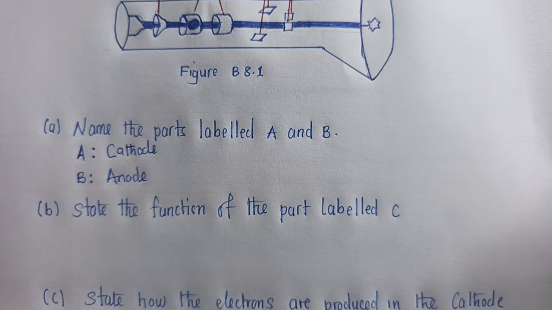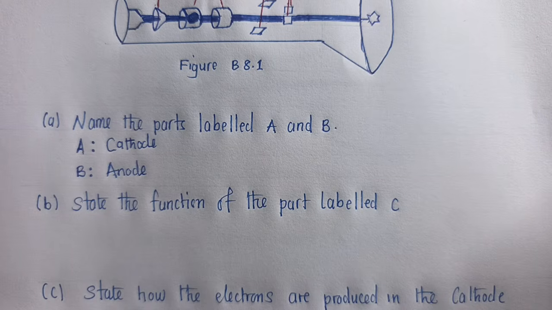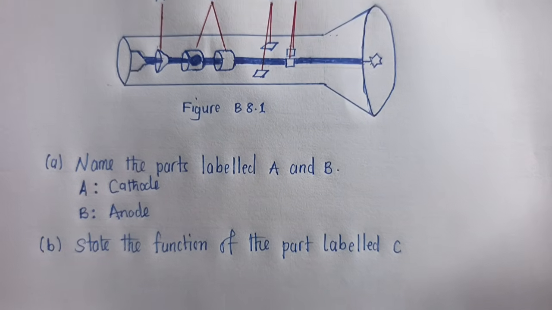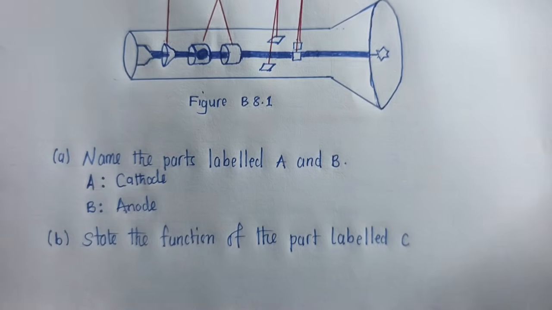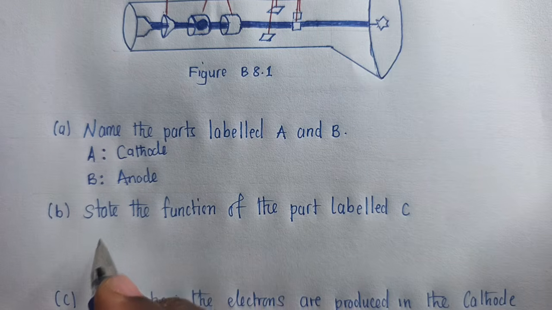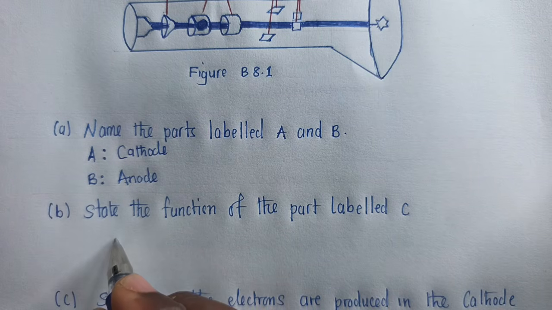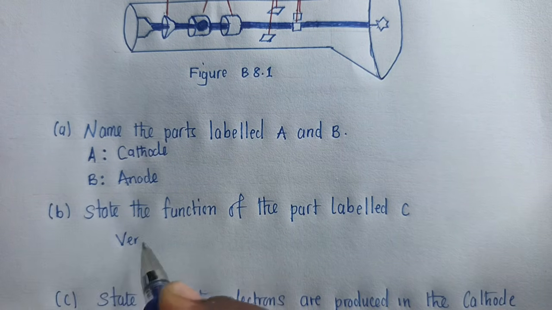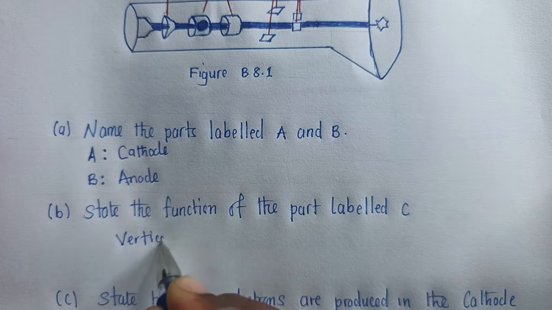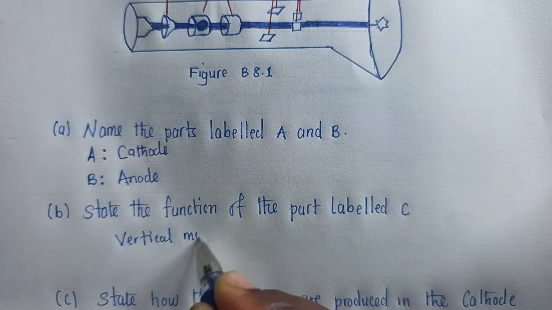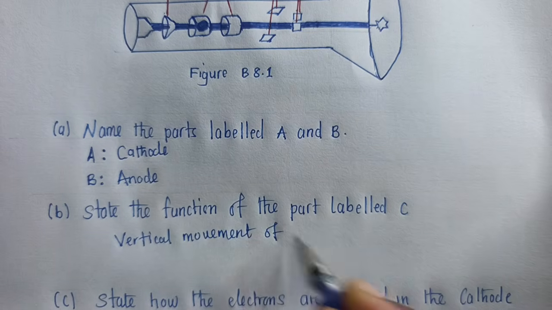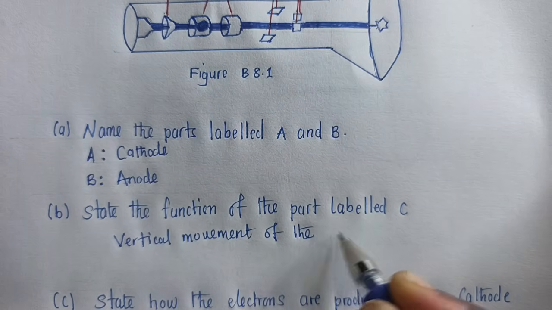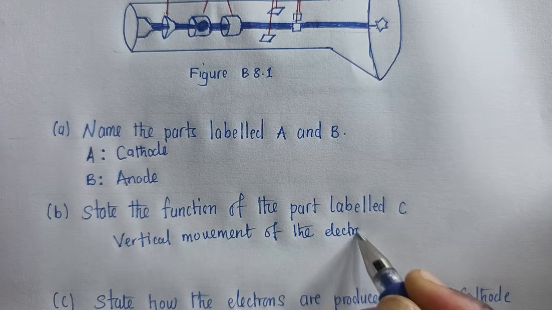For question C, they are saying state the function of the part labeled C. Let's check this part labeled C. You can see that these are plates. The plates that you're able to see at C control the vertical movement of the electrons.